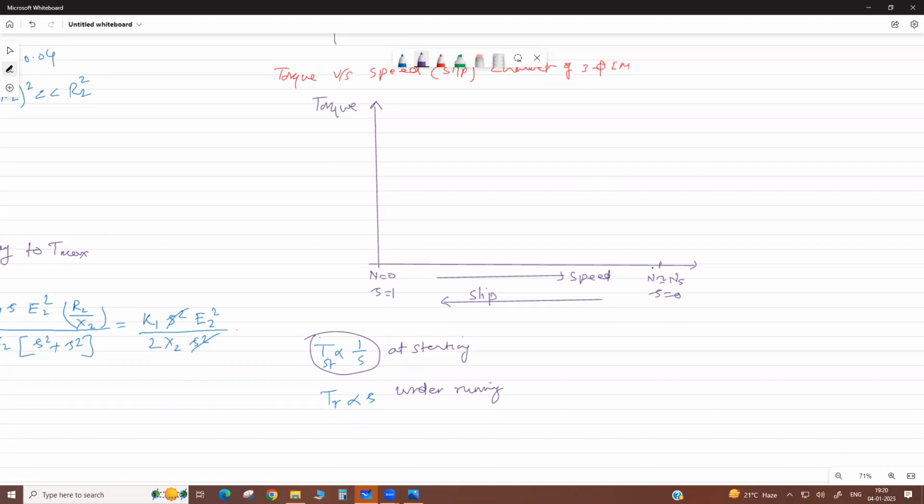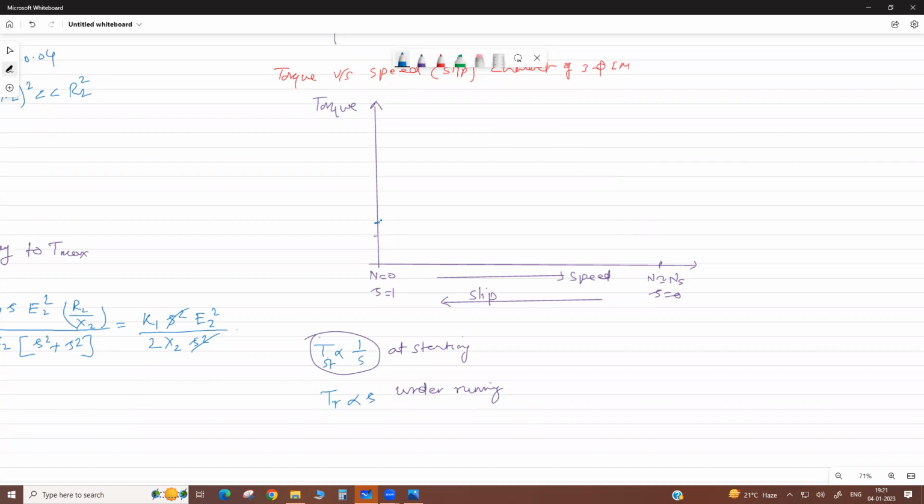It means as slip increases, torque increases like this, and it reaches a maximum, then it starts to reduce because it is now inversely proportional. So this curve is like a rectangular hyperbola. Okay, correct.